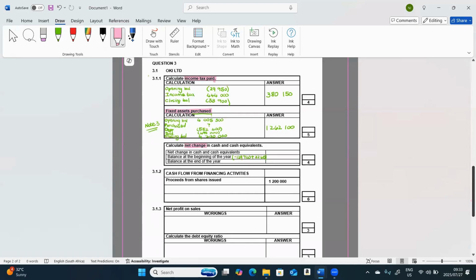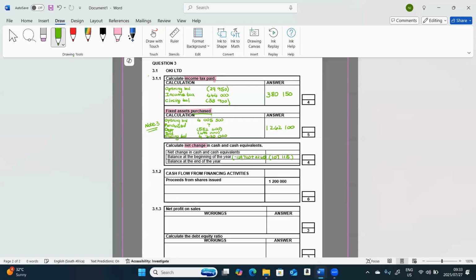So it will be negative 129,720 plus 22,605. And then you will get your opening balance. It will still be a negative amount, guys, so please put it in brackets. It will be 107,115.